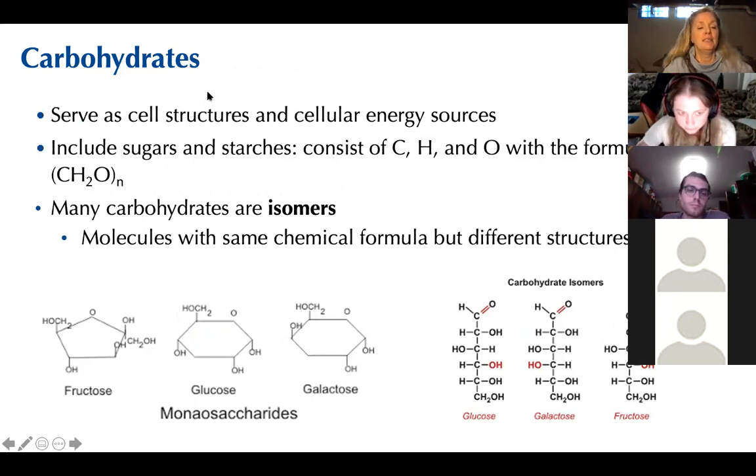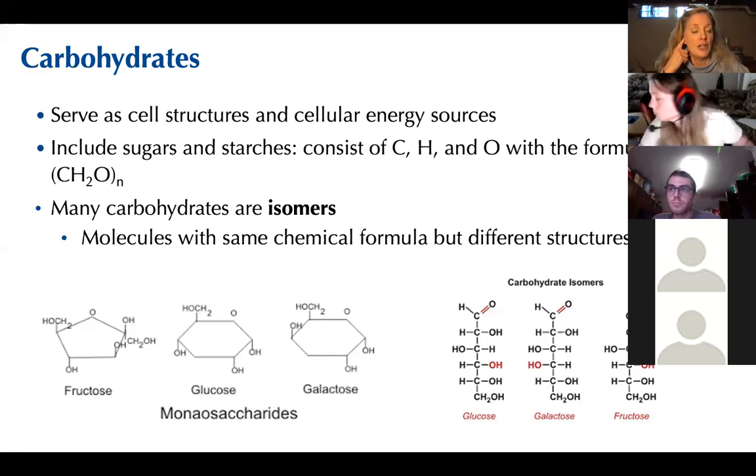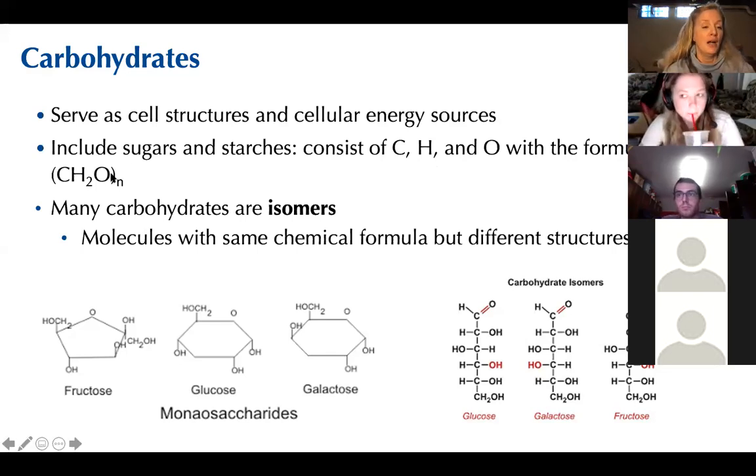So the simplest of our carbohydrates are going to be simple sugars. And they consist of carbons, hydrogens, and oxygens with a typical formula of CH2O, hydrated, okay? That's where you got hydrated carbons, right? Carbohydrate, to the end, multiple times over.